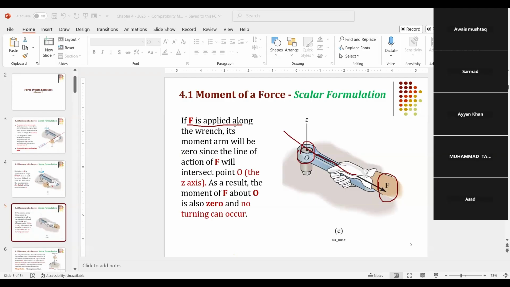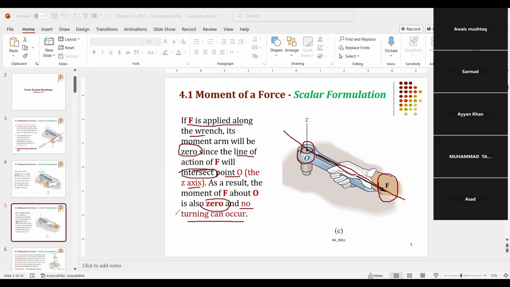If the force applied is along the wrench, meaning along the length of the wrench, the moment arm will be zero, since the line of action of F will intersect point O, or in other words, the z-axis. As a result, the moment of F about O is zero. And what is the result? No turning can occur. So you cannot open or tighten this bolt if you are applying the force like this.